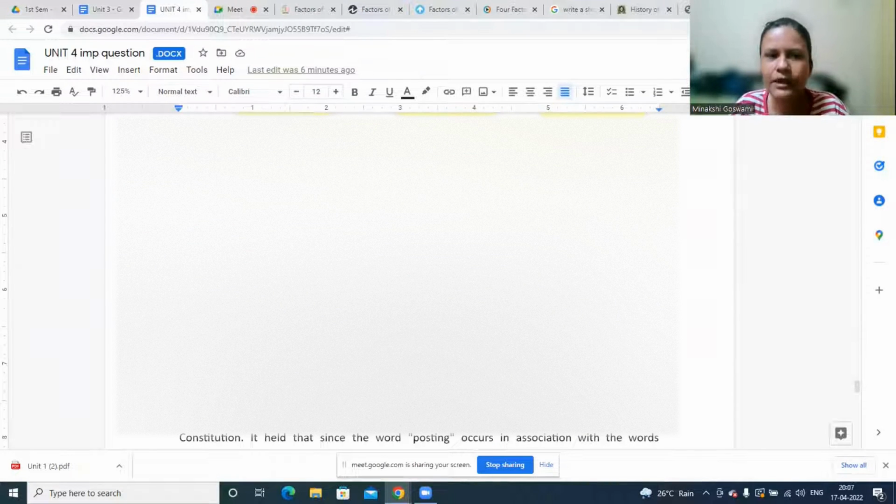So this is nothing but we want to know in what context a certain word is being used so that we can give a proper meaning to it, because some words might have multiple meanings. The importance of this rule is that it aims to interpret by reading the whole statute, the whole provision. What is the context all about?